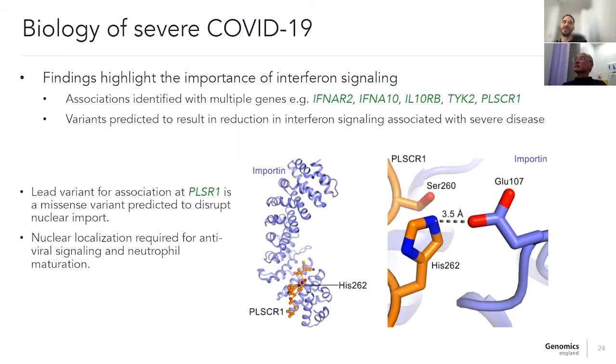The missense variant that is associated with COVID-19 severity is predicted to disrupt nuclear localization of a particular protein, and this is required for antiviral signaling and neutrophil maturation. So you can see there a particular bond that's disrupting the protein on the right-hand side of the plot. Then next slide.